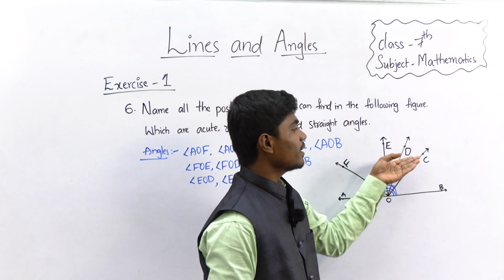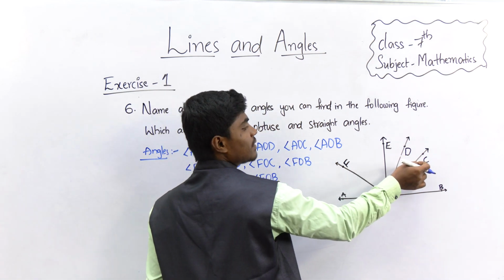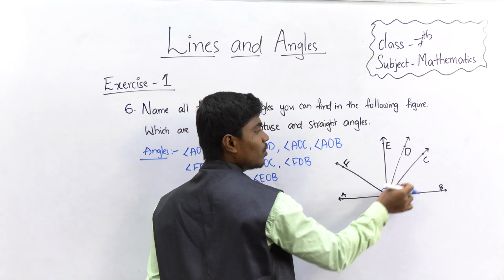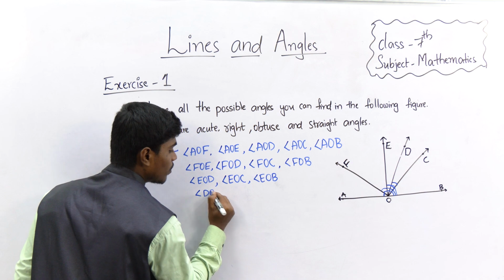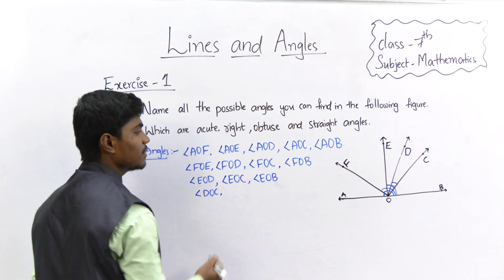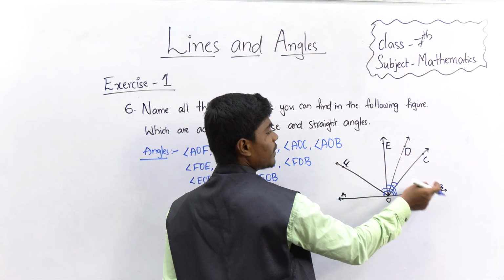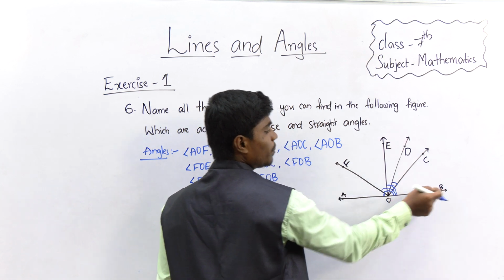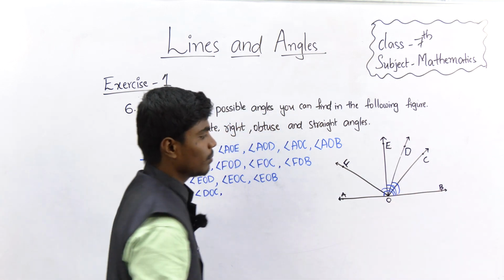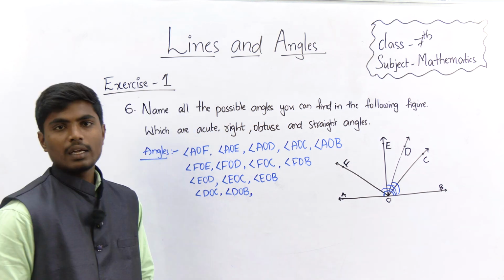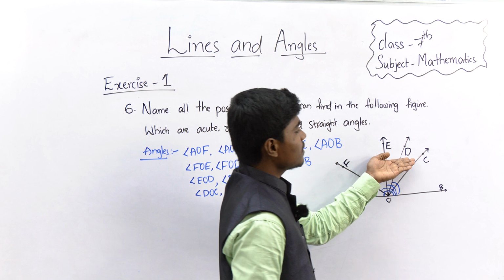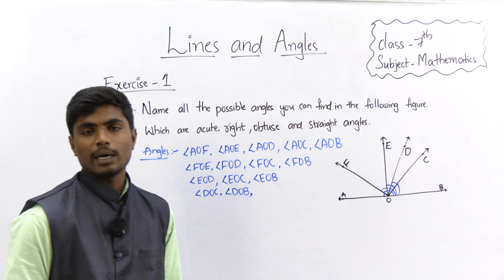Next, let's take D and C. Here DOC. One angle is formed. So angle DOC. Next, let's take D and B. DOB. Here one angle is formed. So angle DOB. All possible angles with D are also completed.